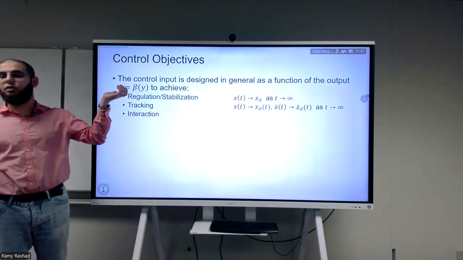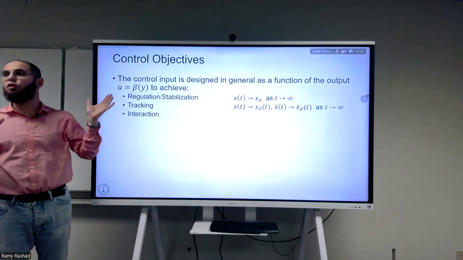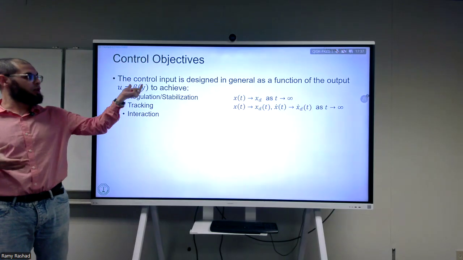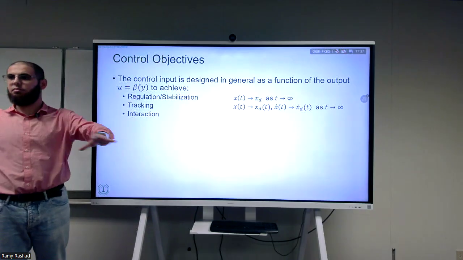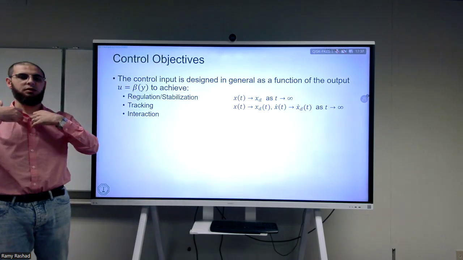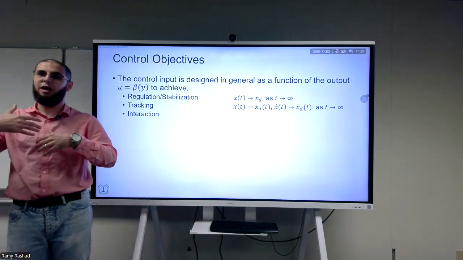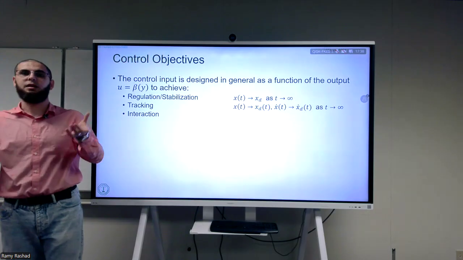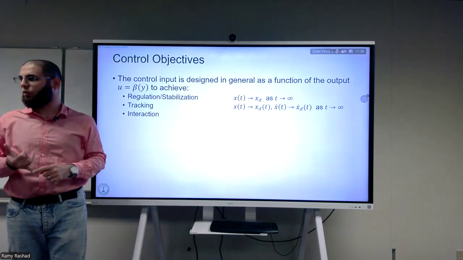And you design, so this is very abstract. I'm not telling you how you can design the controller, or what kind of objectives you have. But usually you design this controller based on certain techniques. For example, you do Lyapunov control, so you design the control equation based on Lyapunov theory. This is something we're going to be looking at.